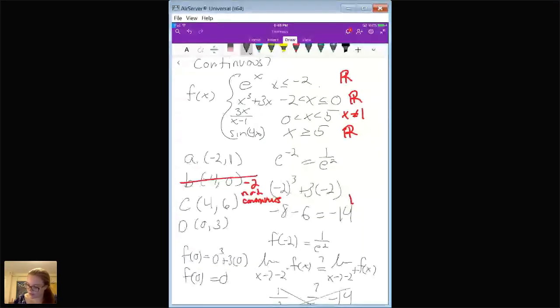What about C, option C, 4 to 6? That is between 3x over x minus 1 and sine of 4x. What do we think about that option? Do you guys have any strategies for checking to see if that is right?